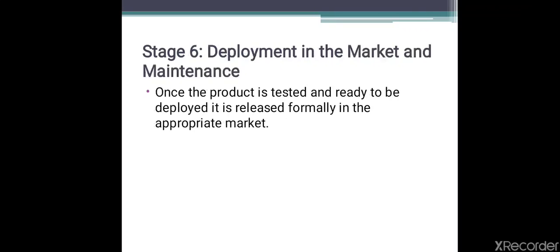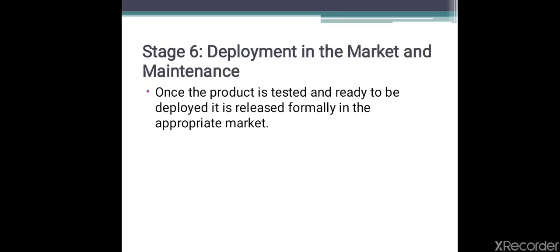The sixth stage is deployment in market and maintenance. Once the product is tested and ready to be deployed, it is released formally in the appropriate market. Sometimes product deployment happens in this stage as per the business strategy of that organization, and the product may first be released in a limited segment and tested in the real business environment.